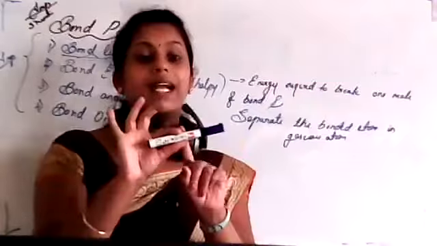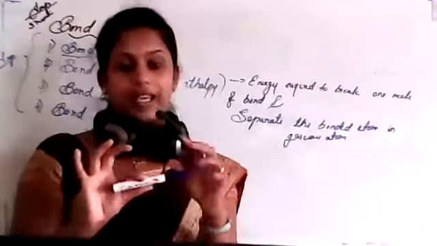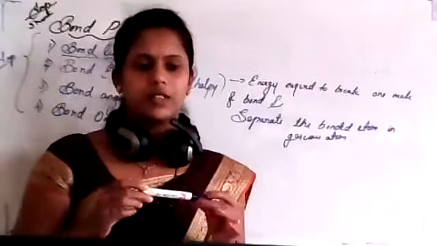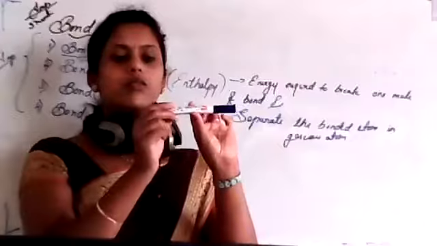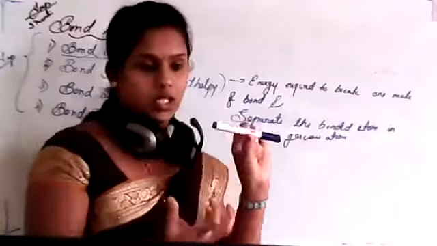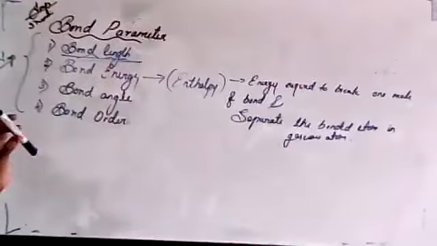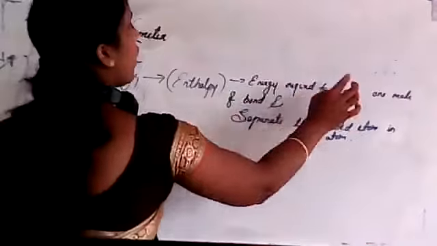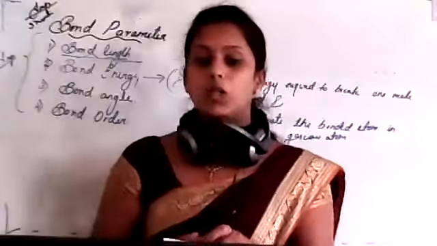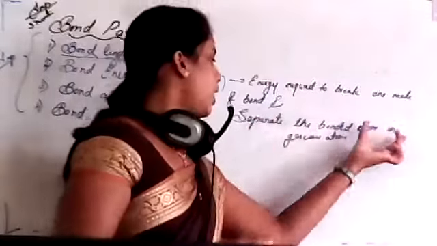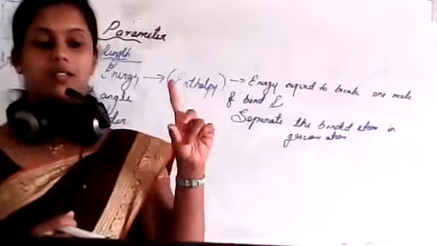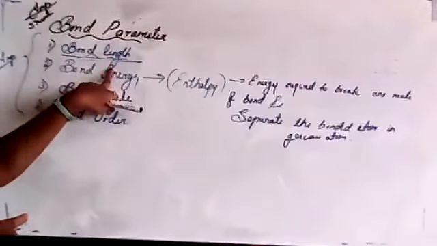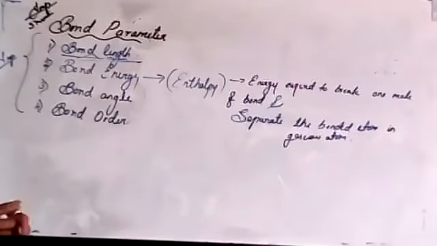The energy requirement is endothermic. That amount of energy is known as bond energy: energy required to break 1 mole of bond and separate the bonded atoms into gaseous atoms. Clear?